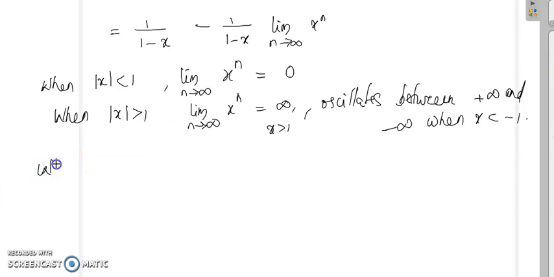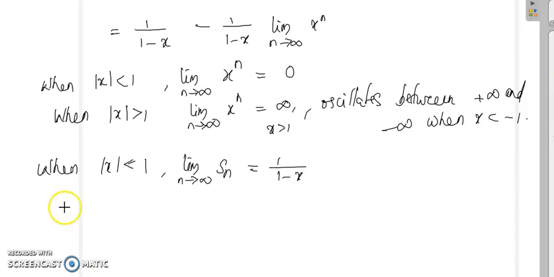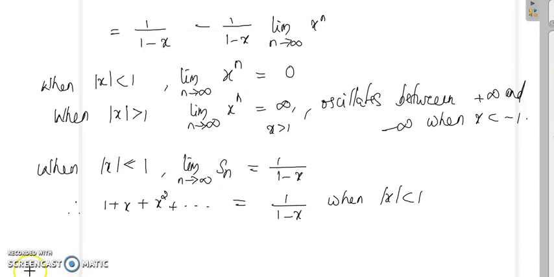So when mod x is less than 1, we have limit n tends to infinity Sn equal to 1 by 1 minus x. So therefore 1 plus x plus x square plus etc. will be equal to 1 by 1 minus x when mod x is less than 1. And again when x is equal to 1, you can see that the sum is infinite.